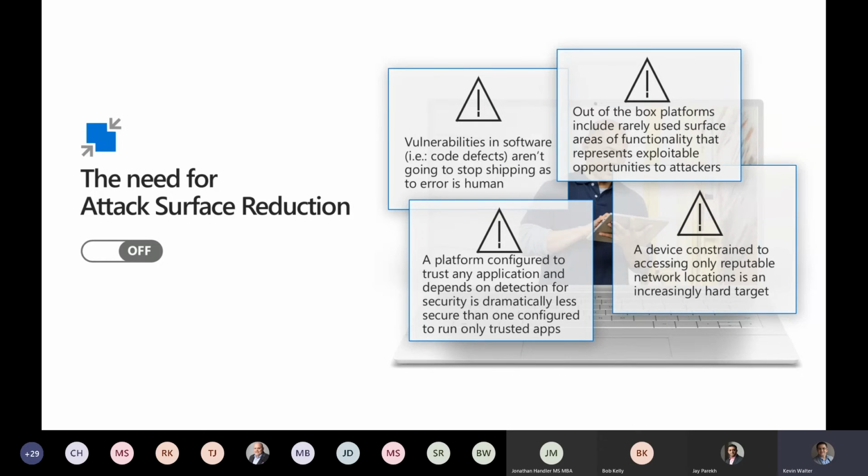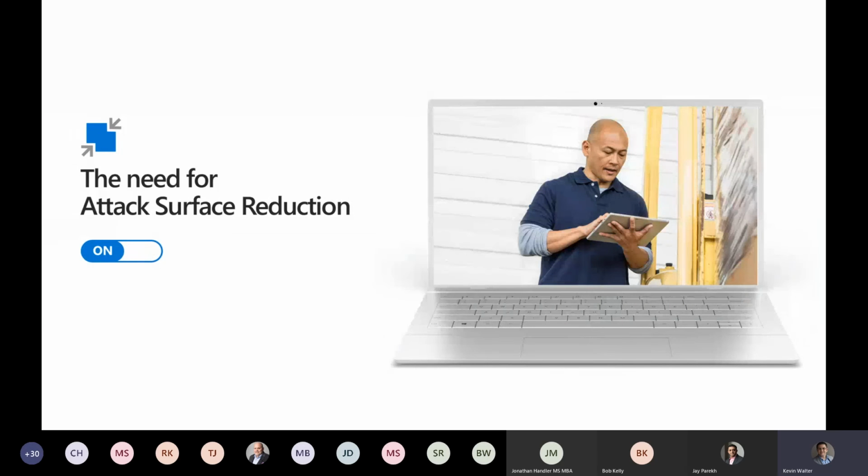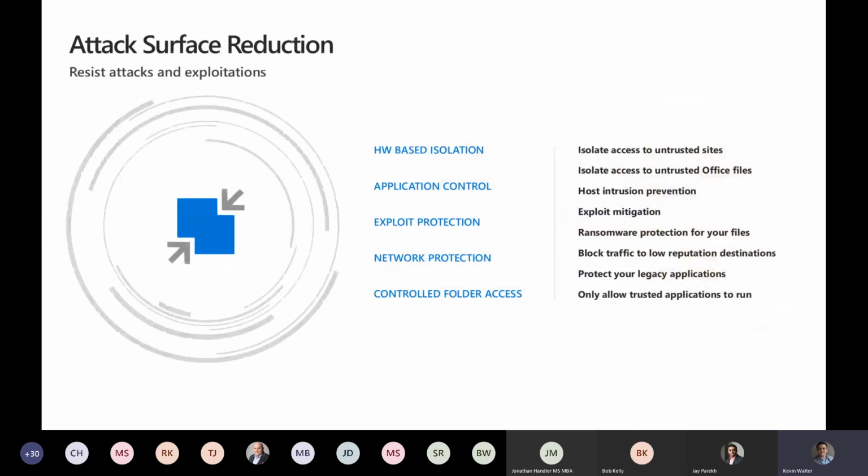Next up, attack surface reduction. So again, challenges that we see around our ASR rules. You're probably familiar with these if they've been around in the Windows 10 space for a while. Now we have a way to easily manage those, as well as report on them for the purposes of tuning and exceptions.